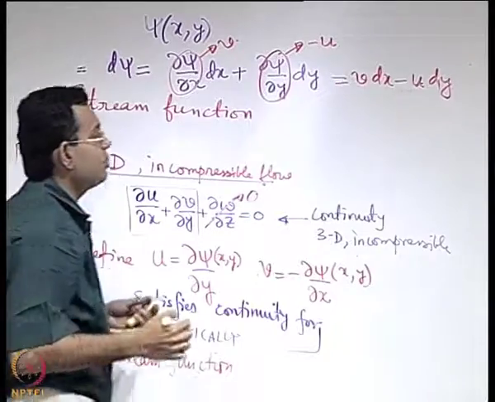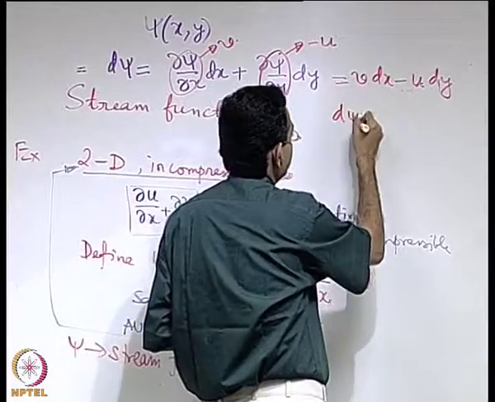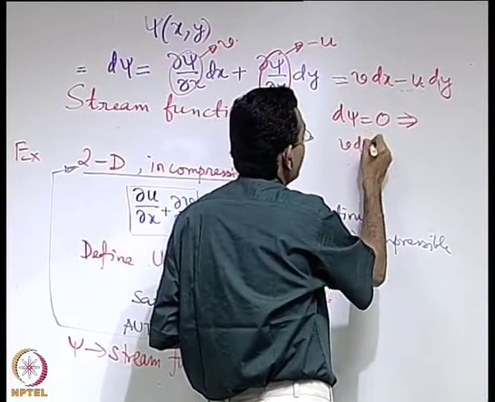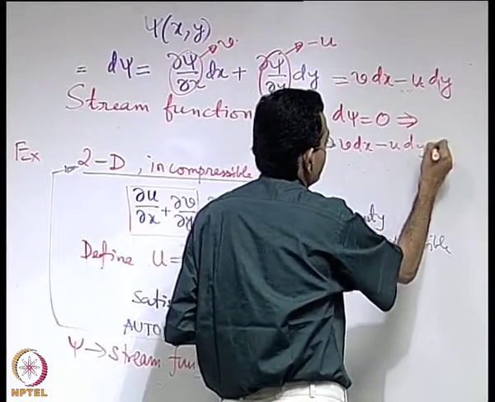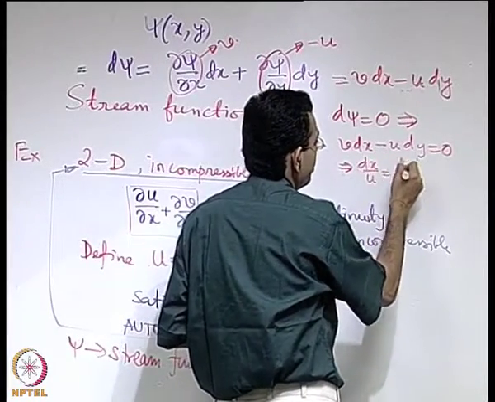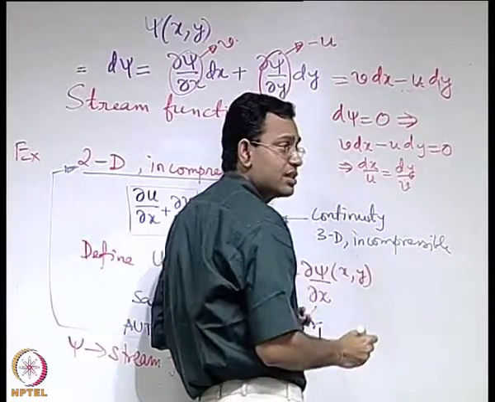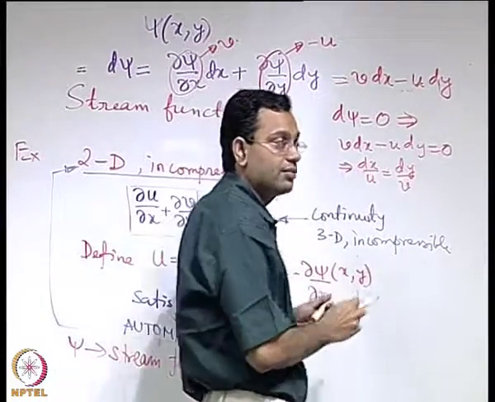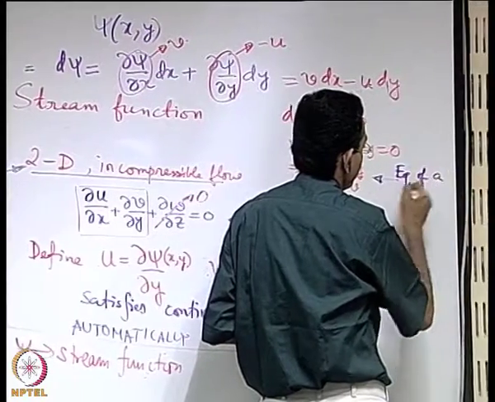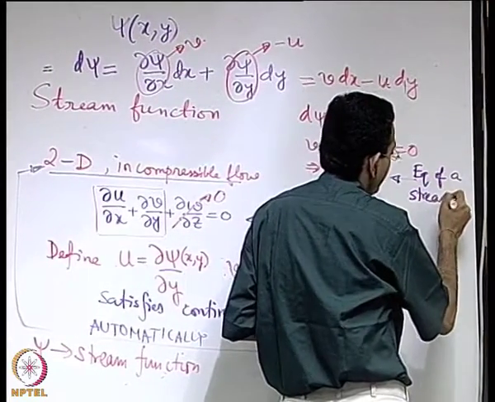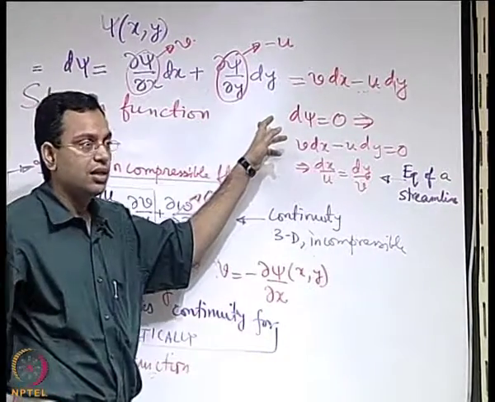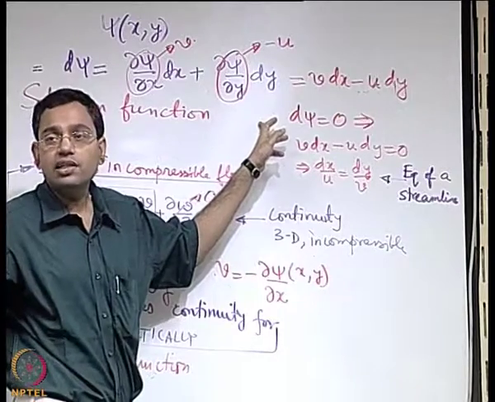So what is represented by d psi equal to 0? D psi equal to 0 is represented by v dx minus u dy equal to 0. That means dx by u is equal to dy by v. What is this? This is nothing but the equation of a streamline. So what is the very important conclusion? The important conclusion is, along a streamline there is no variation in stream function.